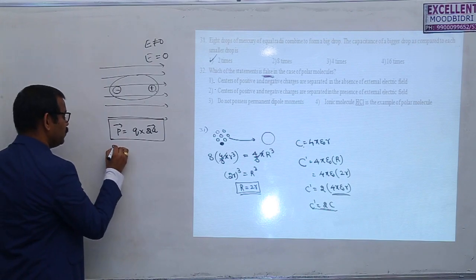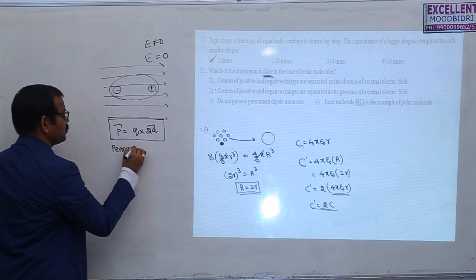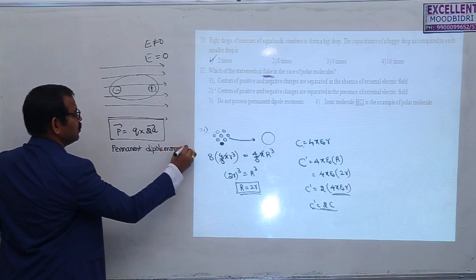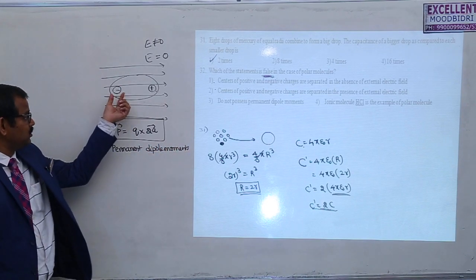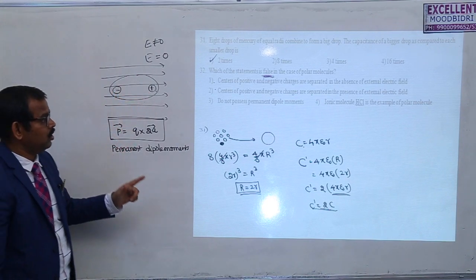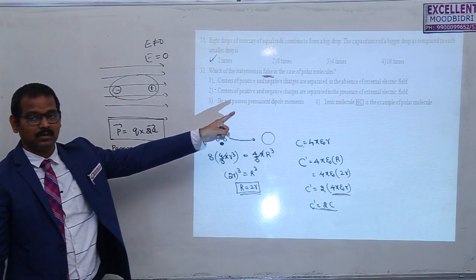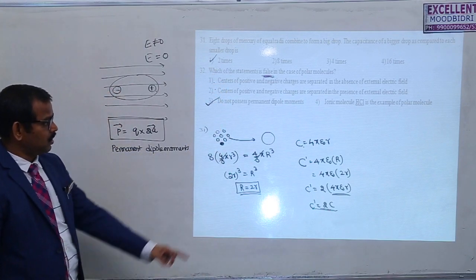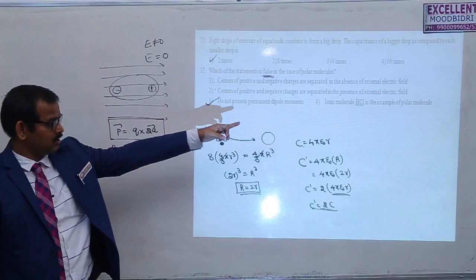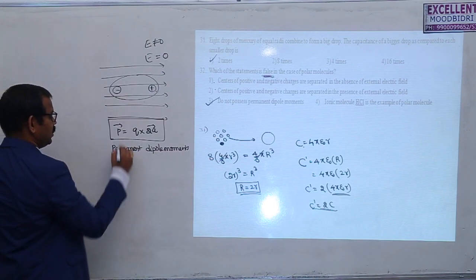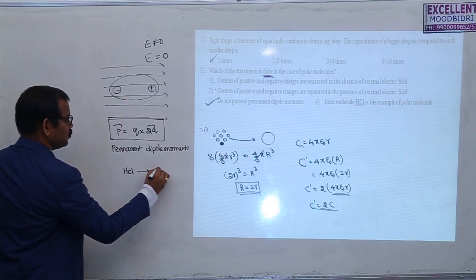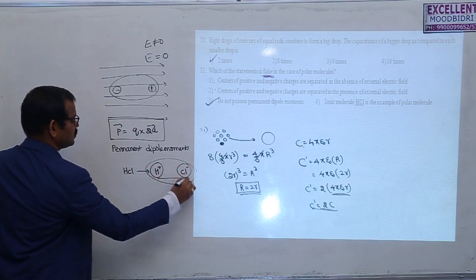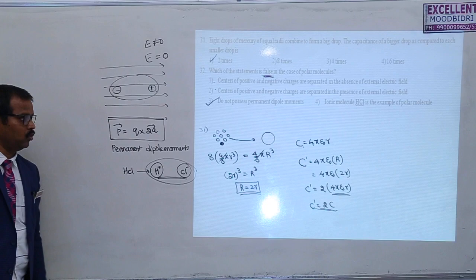That means they have permanent dipole moments, which are equal to the product of one of the charges and the distance between these two charges. So here they are telling do not possess permanent dipole moments. Actually they possess dipole moment. That is the wrong answer here. Even if you take the fourth one, ionic molecule HCl is the example. If you take HCl, you can write H⁺ Cl⁻, separated by some distance. So this is also a dipole.